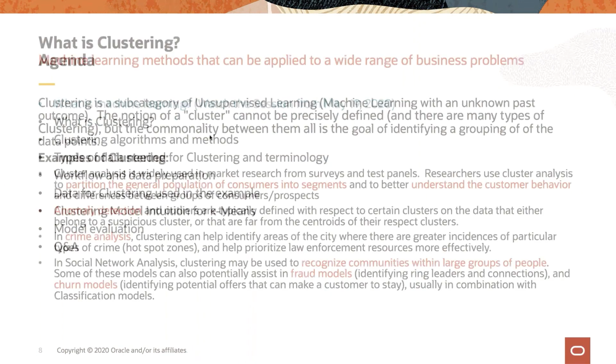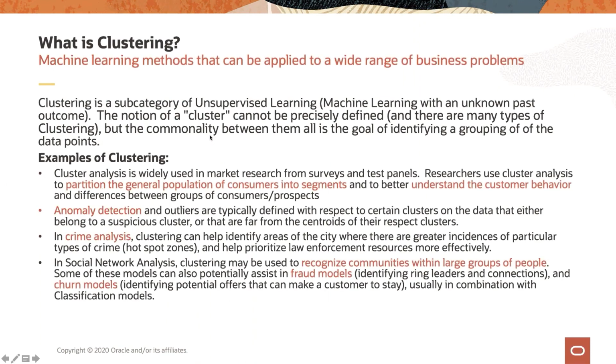So basically, clustering is widely used to group things, or group people, or group machines. You're always trying to create groups of things that behave the same way. That's basically what you're doing. It's typically unsupervised.